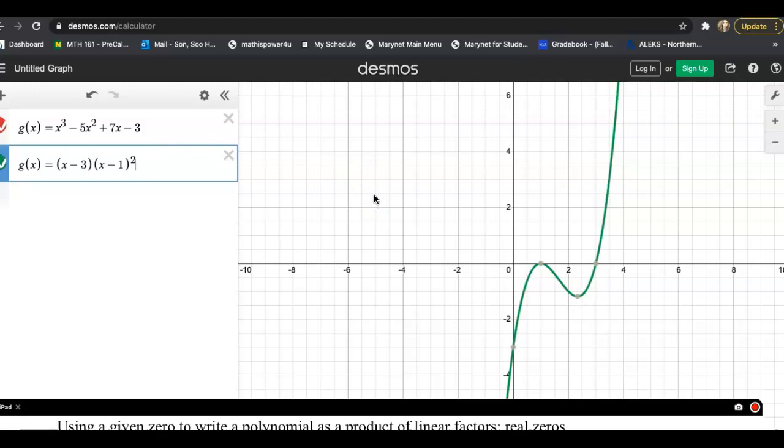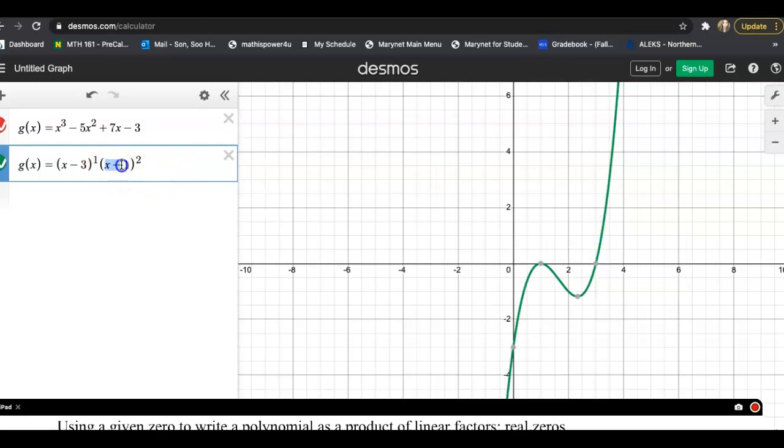Let's talk about that multiplicity real quick though. So review, if you have x minus 3, the 0 is positive 3. You notice how the power or the exponent of x minus 3 is just 1. They didn't write it down, but that factor happened once. Because that's an odd multiplicity, the graph will cross at 3. It crossed at 3, to the other side.